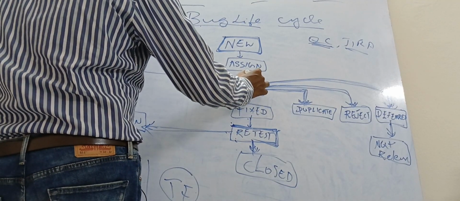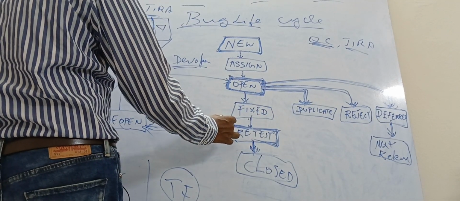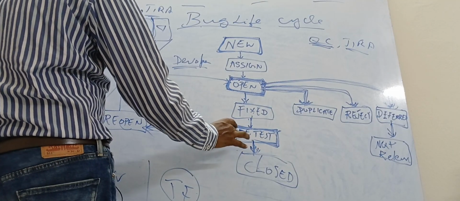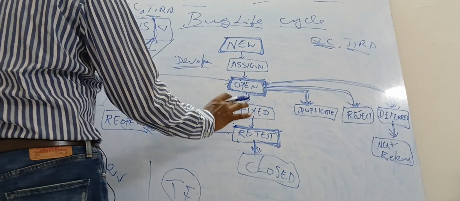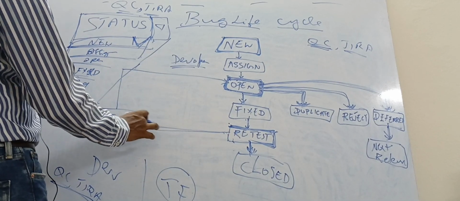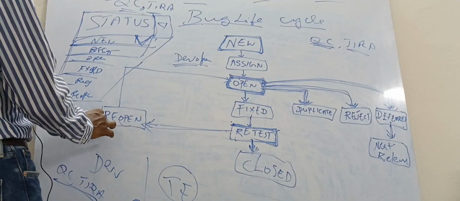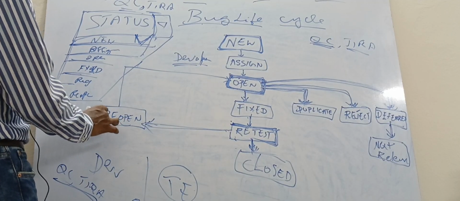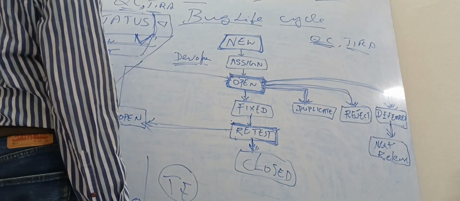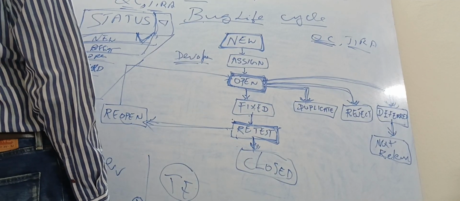Suppose the test engineer has tested this defect and the developer has not fixed that defect properly, then the test engineer will put the status as reopen, right?